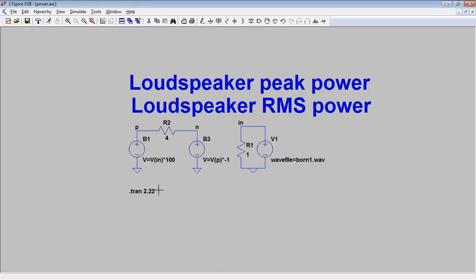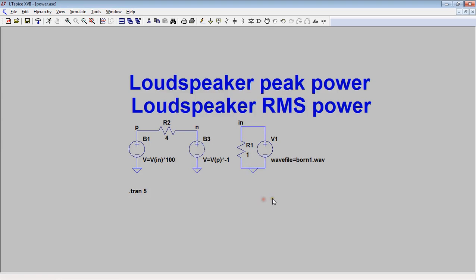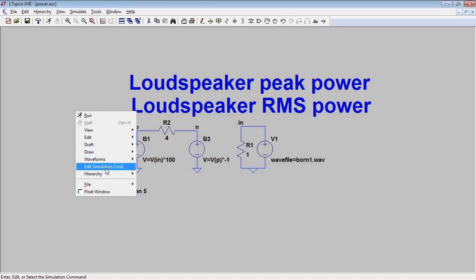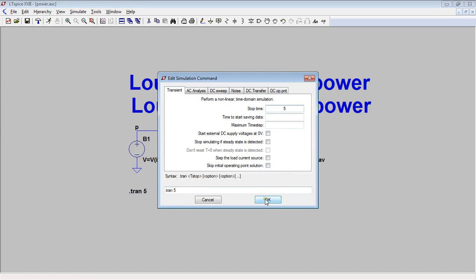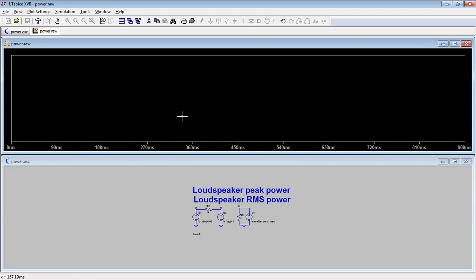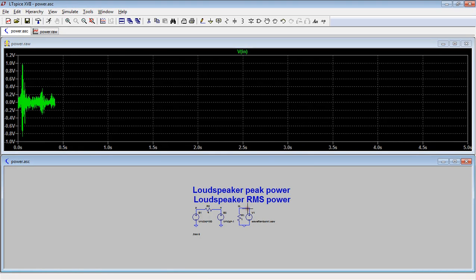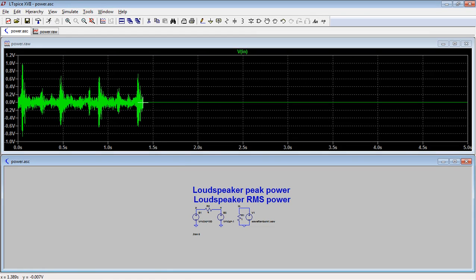Okay, now I'll set my transient to play 5 seconds. Right, now if I run a transient analysis for 5 seconds, I should see that sample. There's a sample there, and it's 1.385 seconds long.